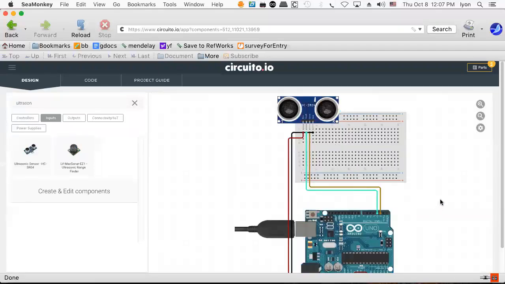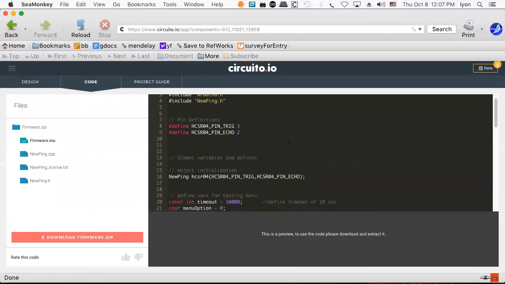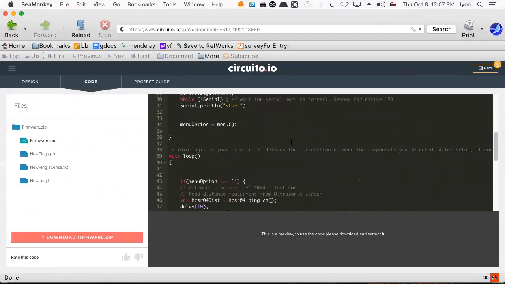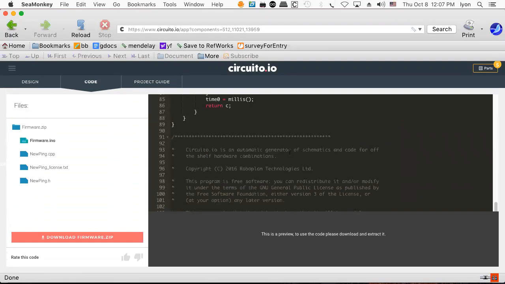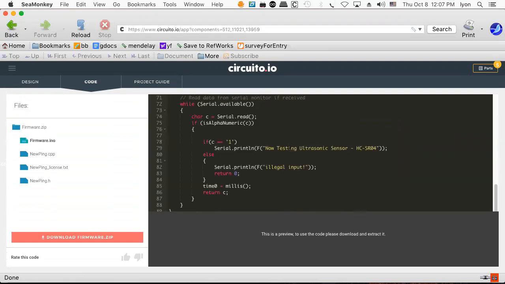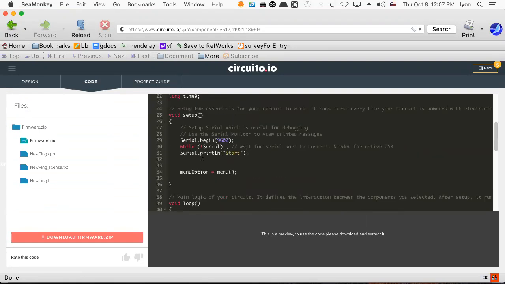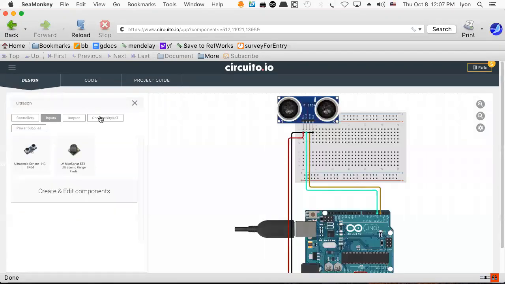That's cool. But even cooler is it gives you a code sample, and that is really nice. You can use that code sample and play around with it. And here's the other thing that makes it really nice: if you said, oh, you know what, I also need something else.